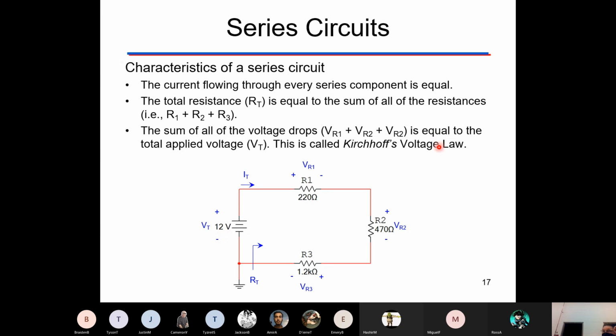That's called Kirchhoff's voltage law, or KVL. If you lose 6 volts here and 3 volts here, that's 9 total volts, and you have 12, so this has to lose 3 volts, because 6 plus 3 plus 3 is 12.